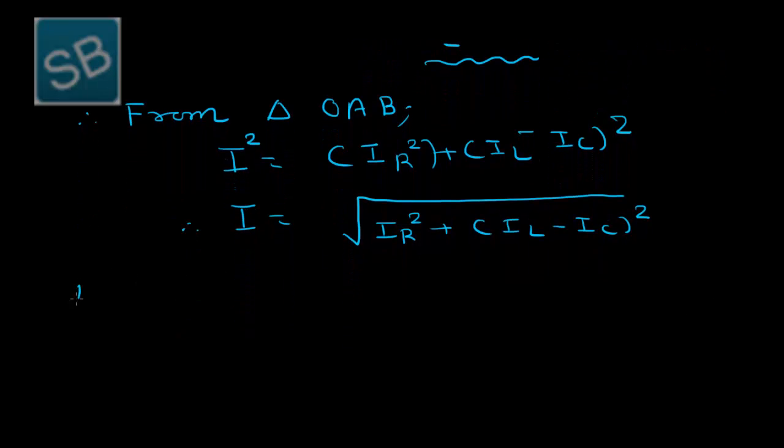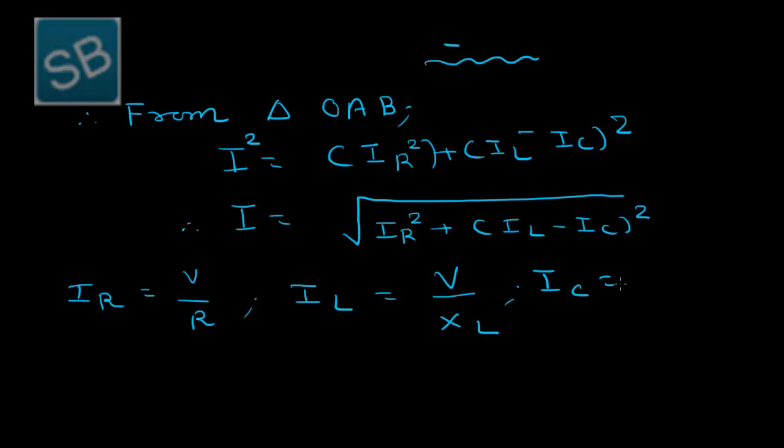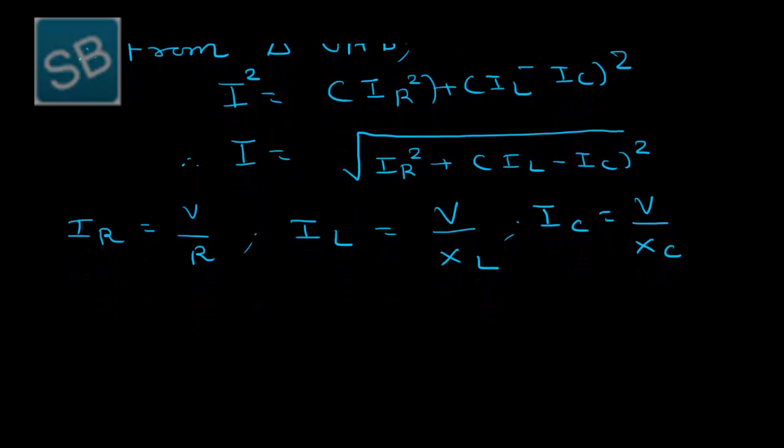We know the value of IR according to Ohm's law, that is given by V over R. The current passing through the inductor is given with respect to voltage and reactance of the inductor, so it is V upon XL. Also, the current passing through the capacitor is given in a similar way, so it is V over XC.